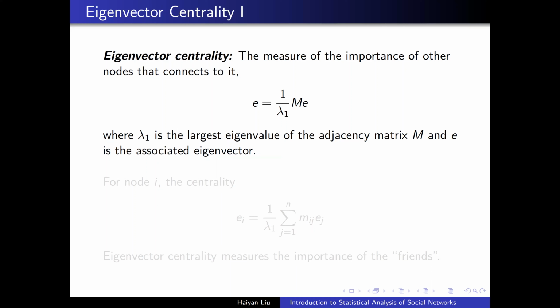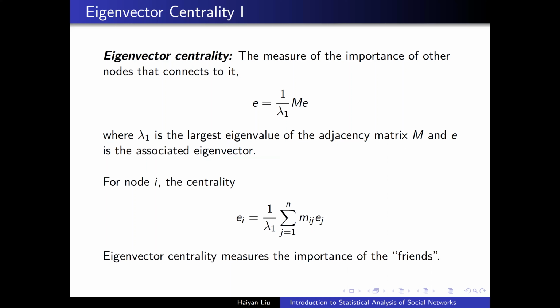Now, what does eigenvector centrality mean? Look at the formulation. The eigenvector centrality for node i is basically the sum of the centralities of the nodes j that connect to actor i.